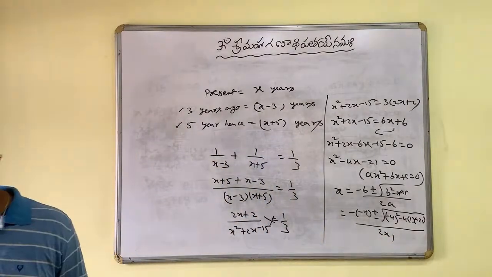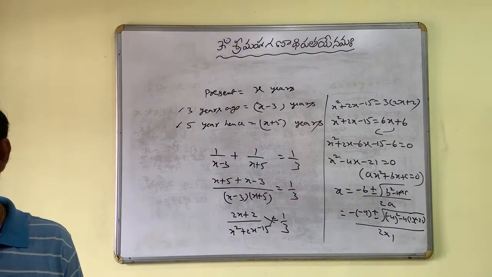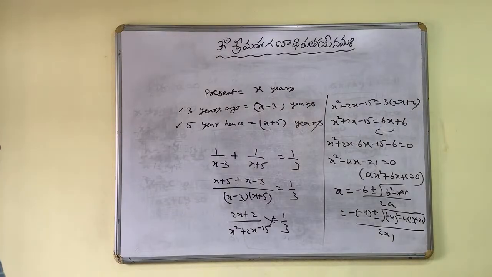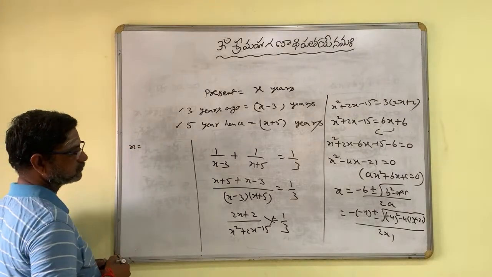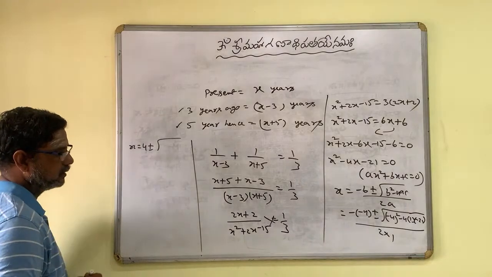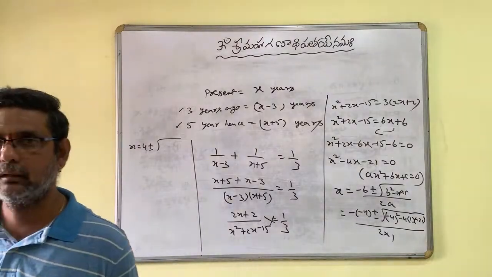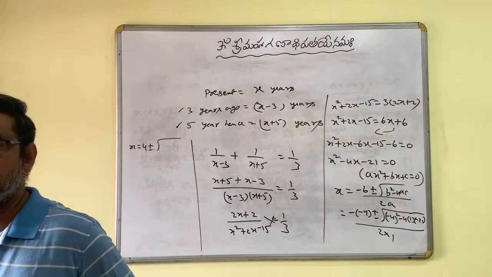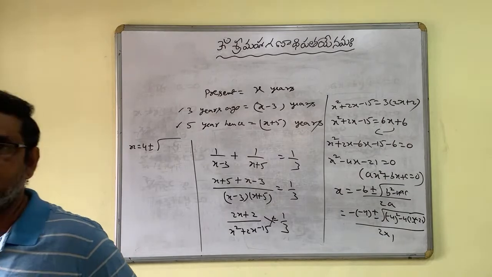Simplify, children. x is equal to 4 plus or minus root over 16 plus 84. 4 21s are 84, 4 square is 16.